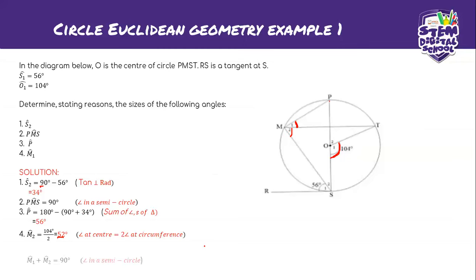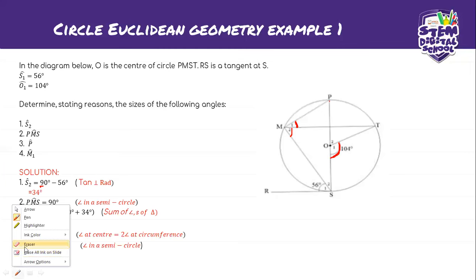All right. Now remember, earlier on we determined the whole angle M, and we agreed that angle M equals 90 degrees, right? Now we've just determined angle M2 here.